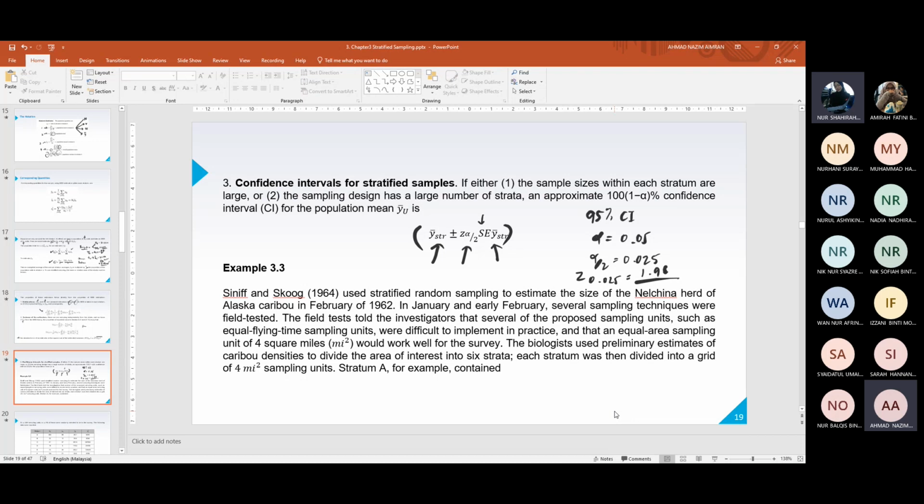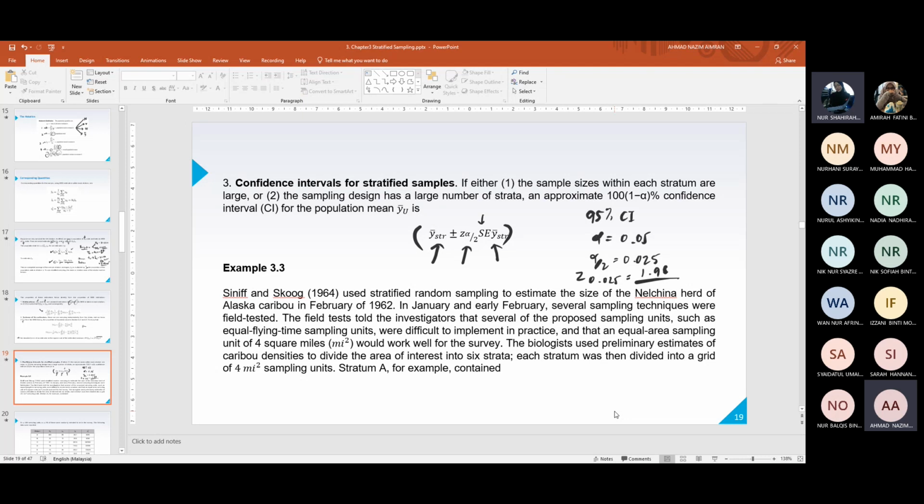So, example 3.3. Smith and Cook used stratified random sampling to estimate the size of the Nelchina herd of Alaska caribou in February of 1962. In January and early February, several sampling techniques were field tested.